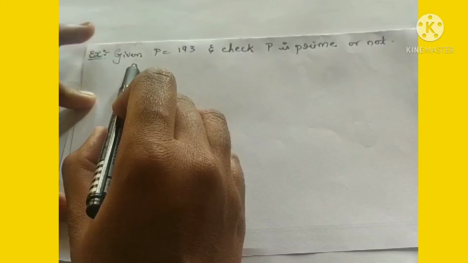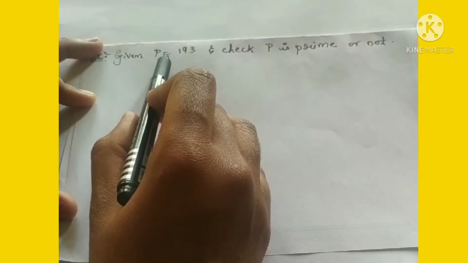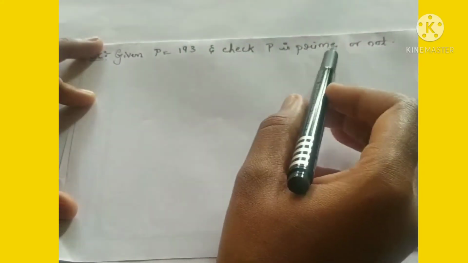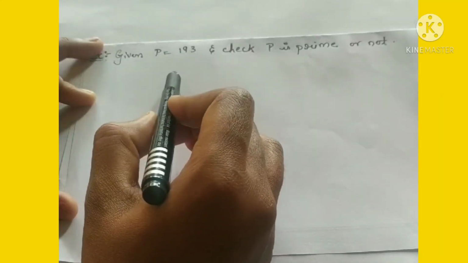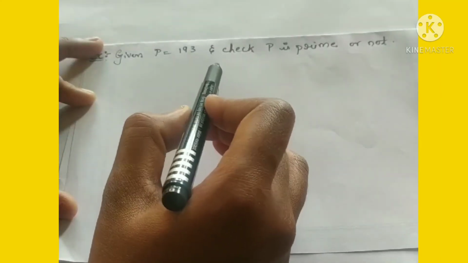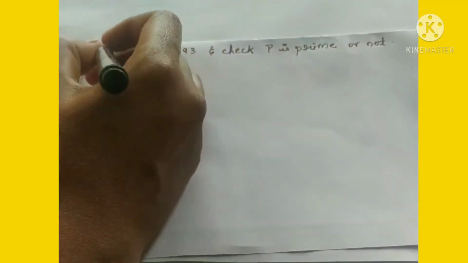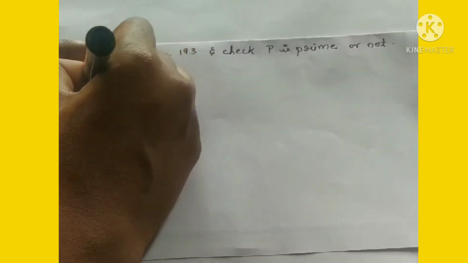Example is given P is equal to 193. P means it may be any number and we have to check whether P is a prime or not. To check whether P is equal to 193 is prime or not, I just follow the above steps which I gave previously. Step number 1.